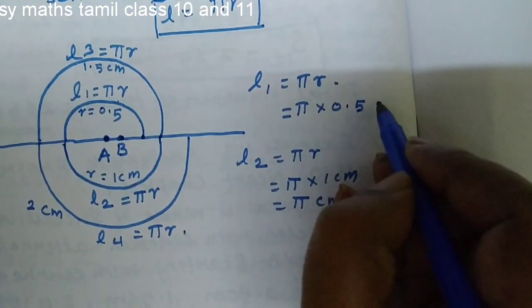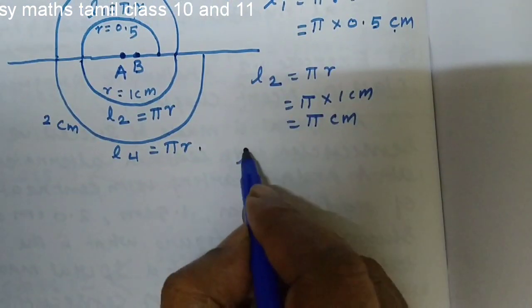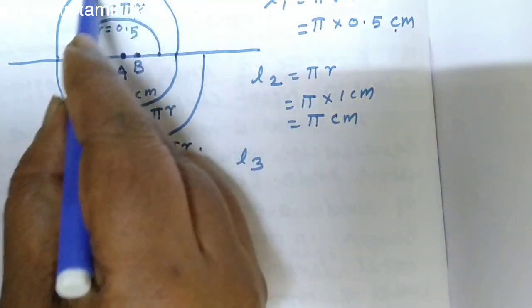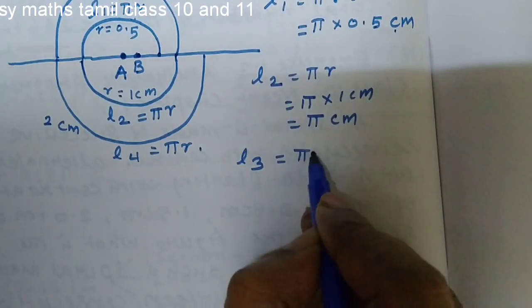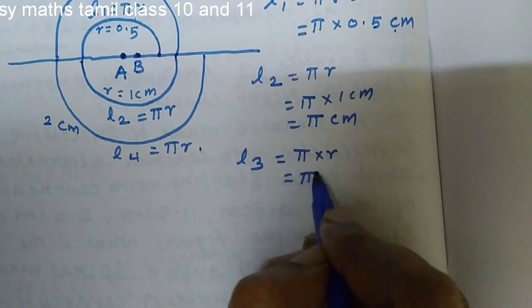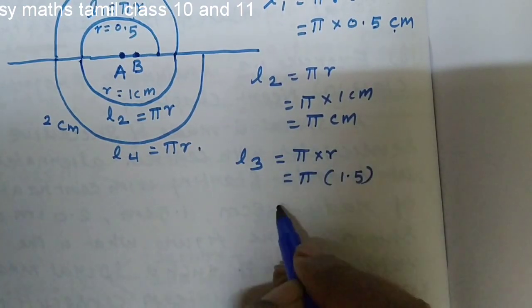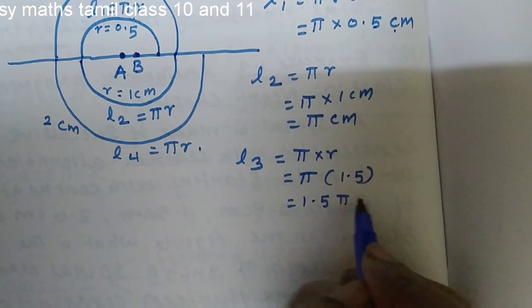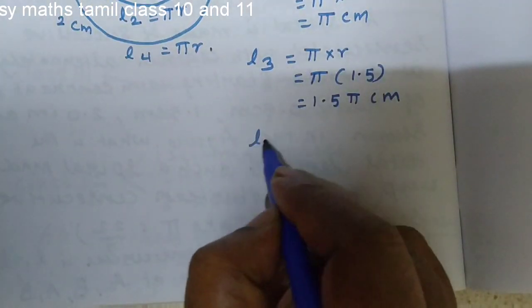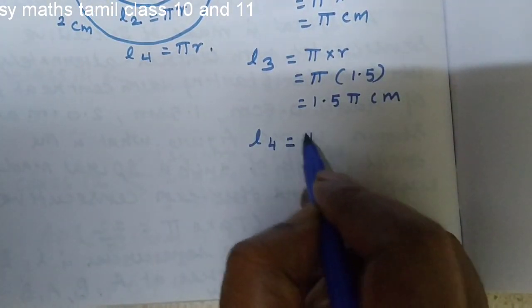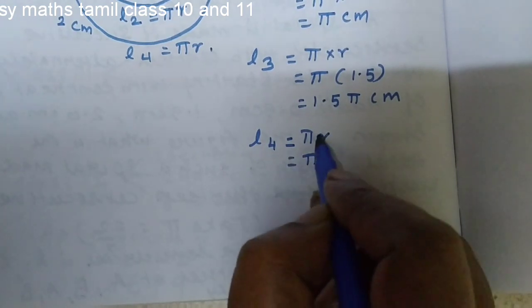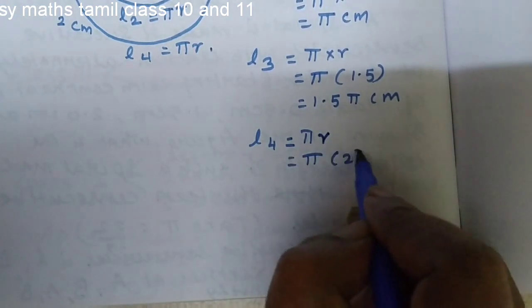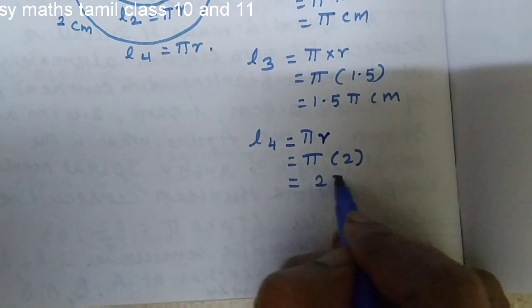L1 is pi into 0.5 centimeter. L3 equals pi into r, the r value is 1.5, so 1.5 pi centimeter. L4 equals pi into r, the radius value is 2 centimeters, so 2 pi centimeters.